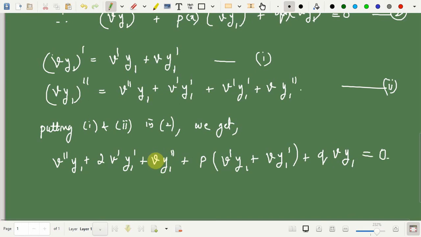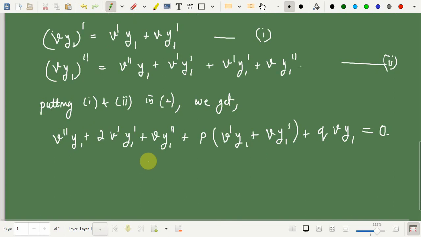Now don't forget that this y1 is a solution to the given differential equation. So we would see whether we can eliminate that part, whether we have the expression of the given equation 1 in terms of y1. If I just look at this term, v y1 double prime, plus p into v y1 prime, that term is also there, and one more term we want is q into y1, so we can get it from here.